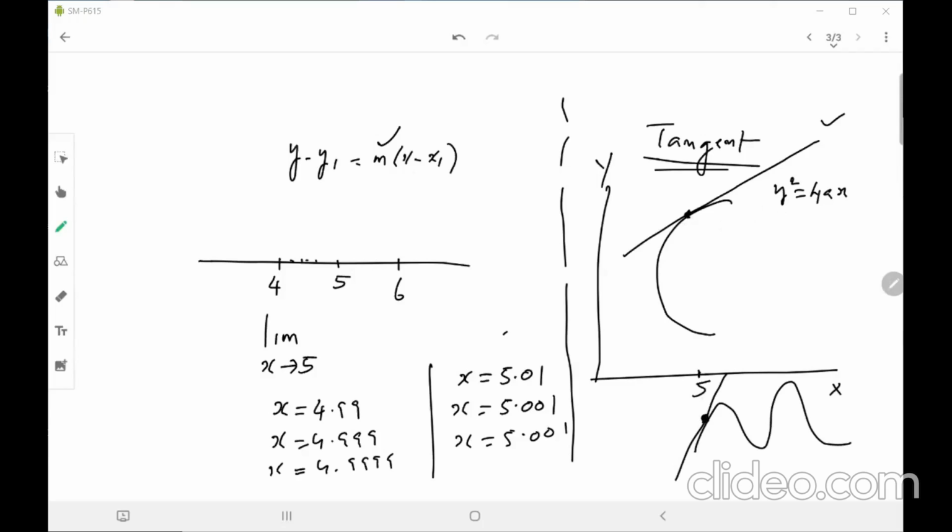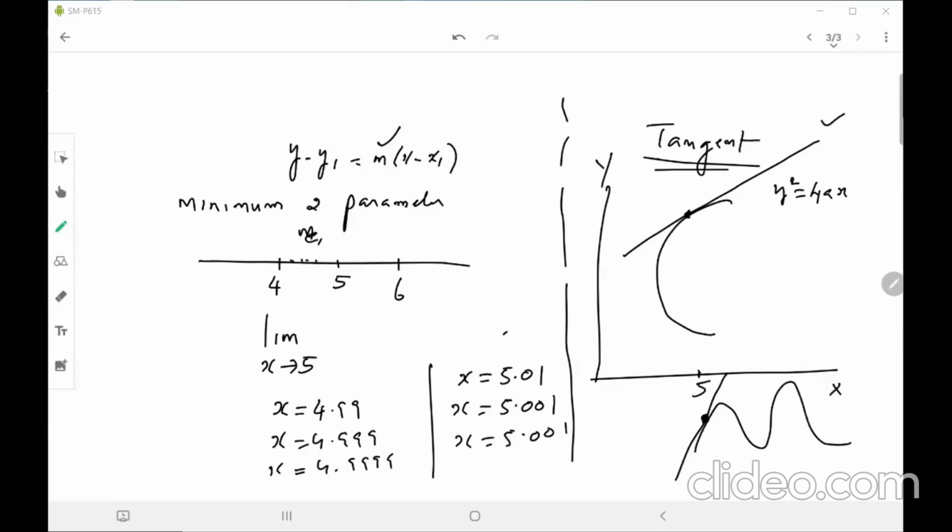So only one point is given. And you know that for finding the equation of a tangent, we need a minimum of 2 parameters. That means m is given and the point is given, then I can find it. Or if you are using the slope-intercept form, the slope and c will be given.